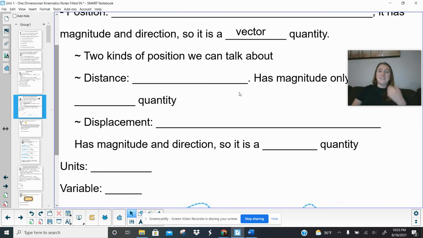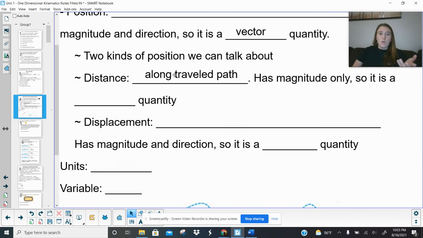So we can talk about distance, which is along your traveled path. If I'm going up a windy hill, doing these switchbacks back and forth, and I were to measure with a measuring tape along my traveled path, that would be the distance. Because of that, it has magnitude only.